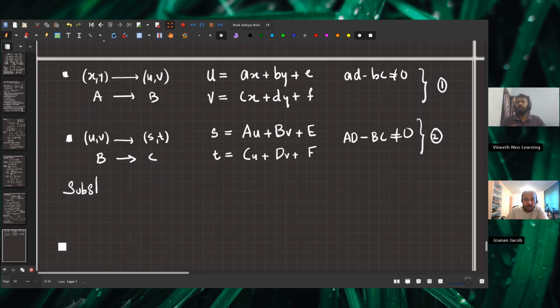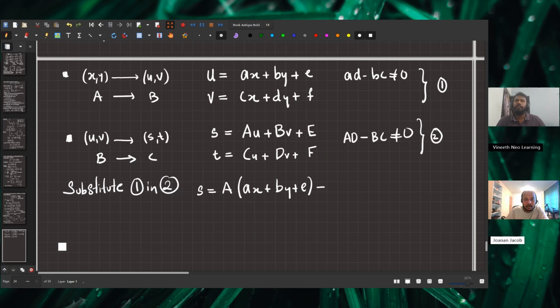Substitute 1 into 2. So S equals capital A times (AX plus BY plus E) plus capital B times (CX plus DY plus F) plus capital E.